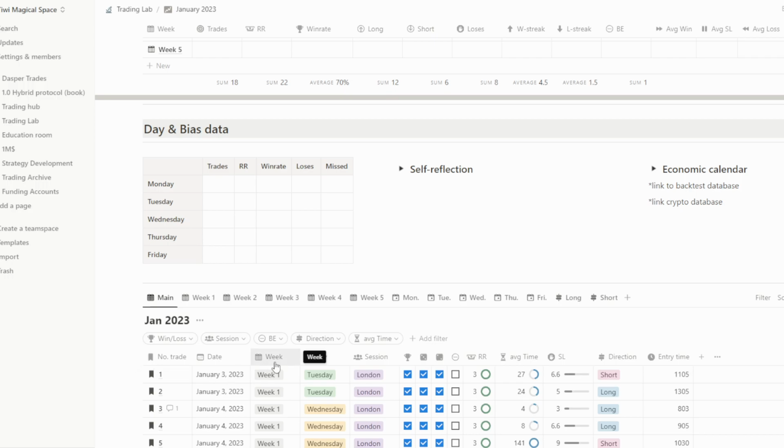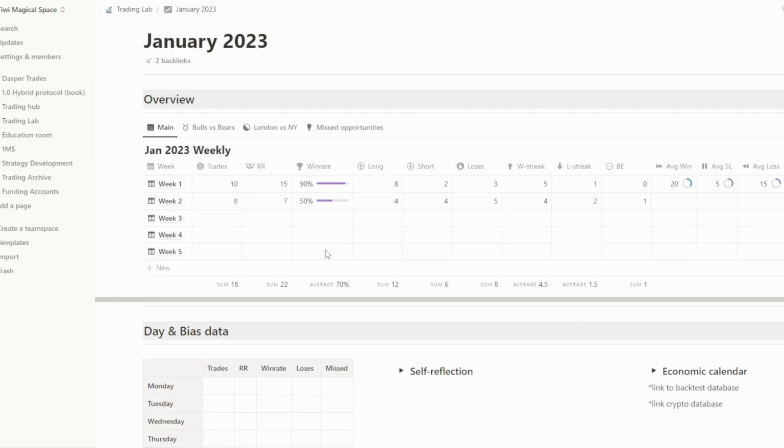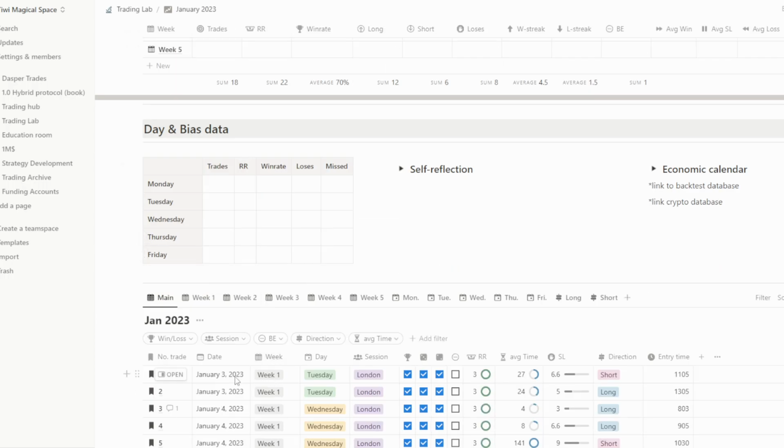Then what I found really helpful is I like to compare one specific week to another. So basically, as you see here, I have week 1 to week 5. Because of it, for every single trade that I take, I have to figure out, it's not rocket science, which week we are in that particular month.